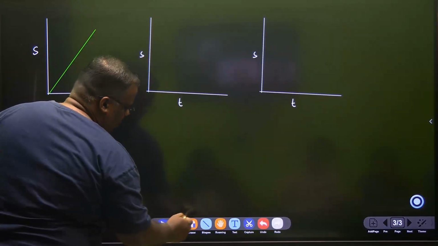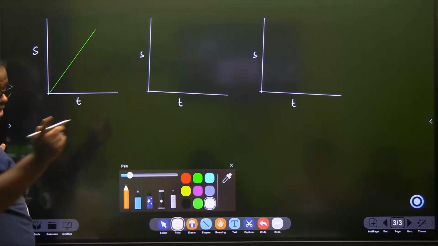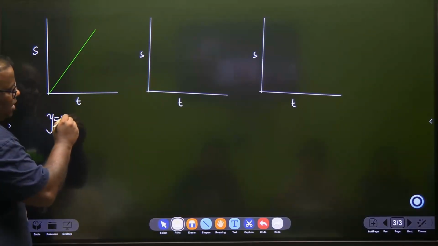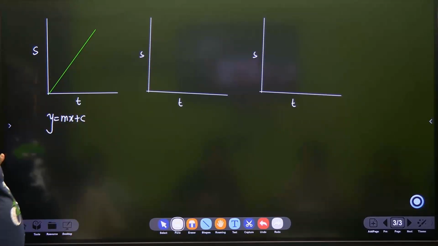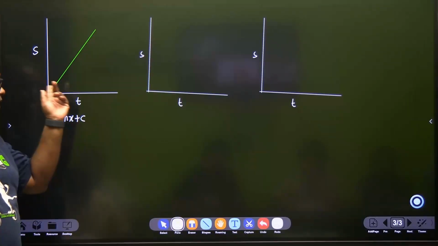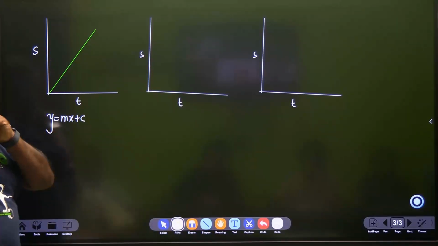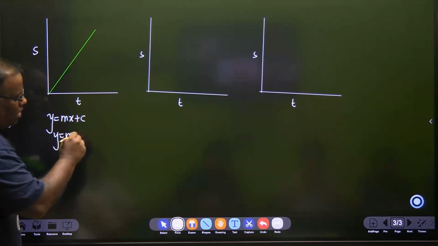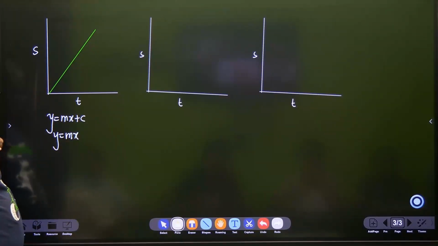Wait. What was my equation? Now I'll answer Ryan's question. My graph was y equal to mx plus c. Could you find what is c here? C is 0. That's why the graph is not touching the y-axis. That means in this particular case, my graph is y equal to mx. Do you agree?